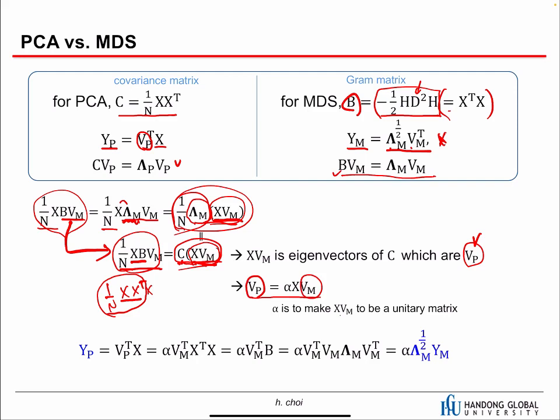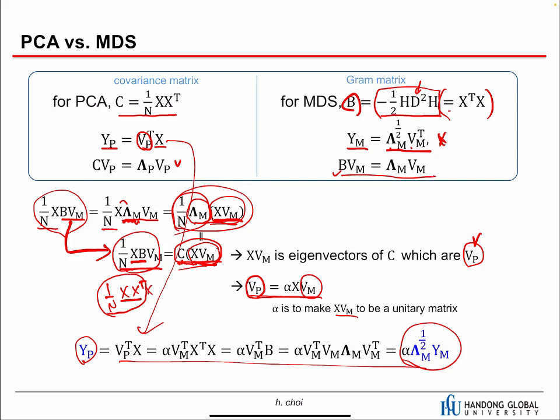Alpha is to make this one a unitary matrix. If we use this equation, then we can make a transition from y_p to y_m. Look at this one. y_p is coming from here, and then we use these equations, so you can figure out how to make these derivations.